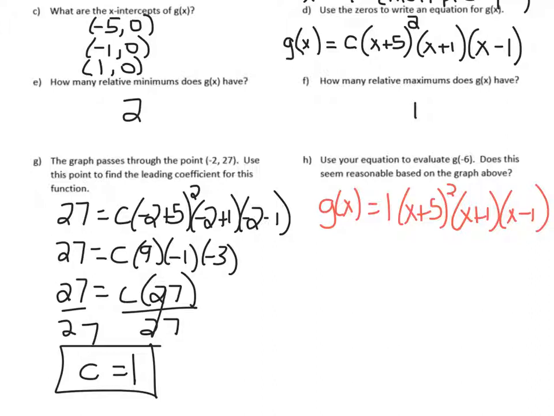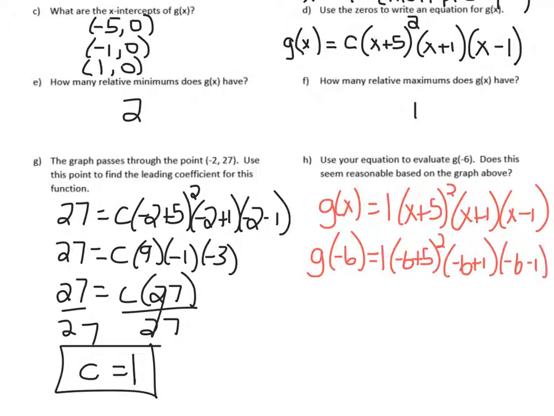Okay, so it says to use this equation to evaluate g of -6. So if we want to find g of -6, well, if we replace this x with a -6, we're going to have to replace all these x's with -6. Okay, so you can bring down the 1 if you want, that's up to you, but we'll have -6 plus 5 squared, and then we have a -6 plus 1, and we have a -6 minus 1.